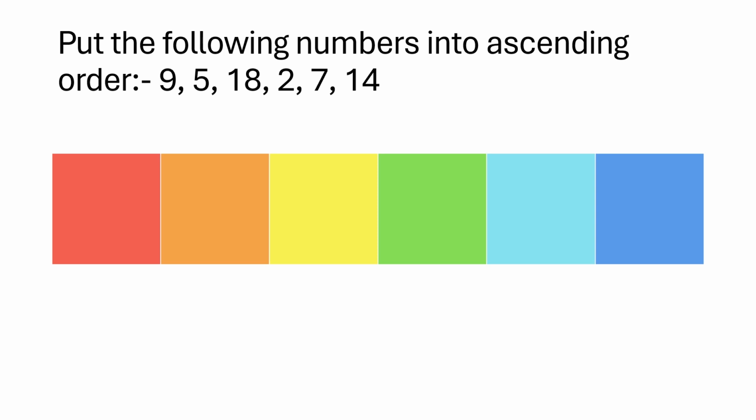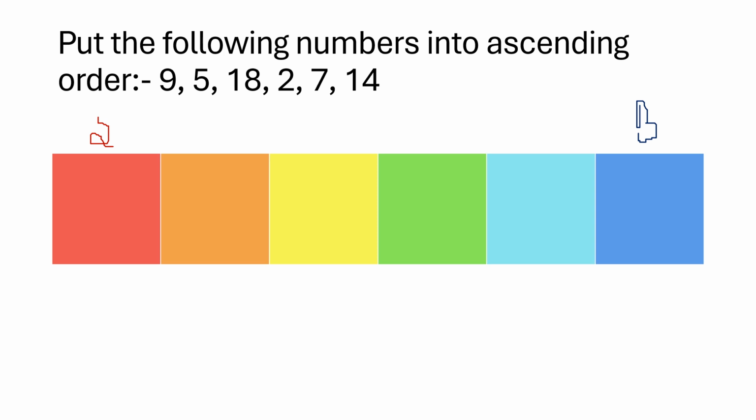First we have the color red, which represents the smallest. And then we have the color blue, which represents the biggest. Now let's start putting the numbers.